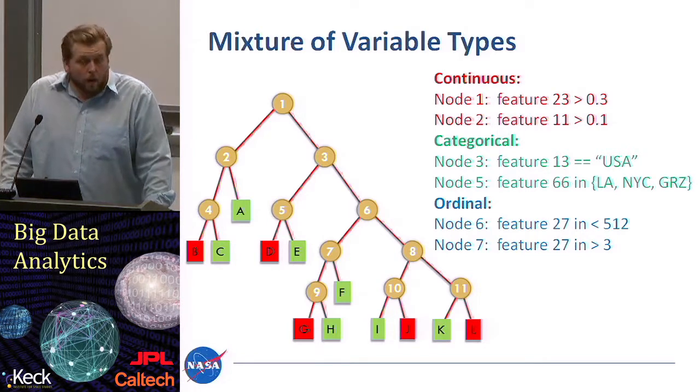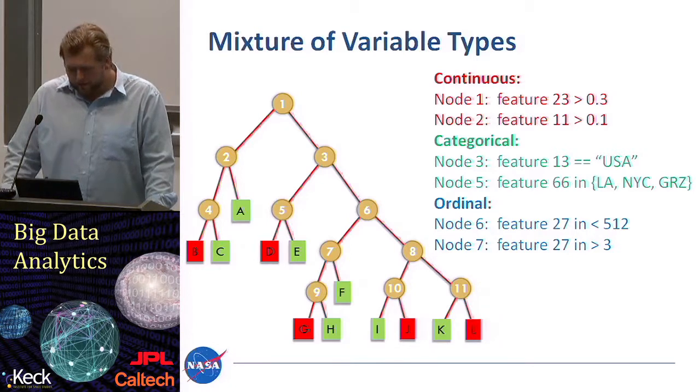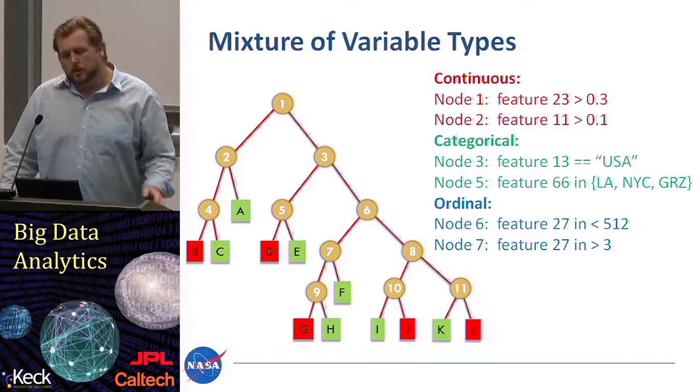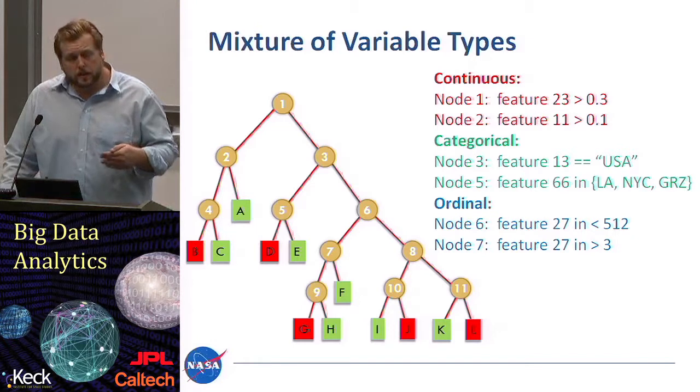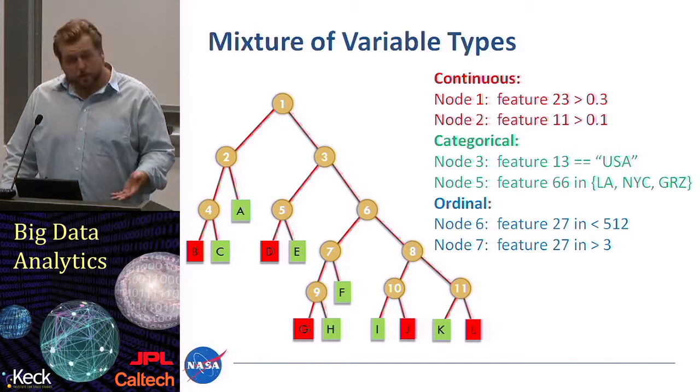And then again, ordinal features behave quite similar to continuous ones, but you only would have ordered categories, for example, integers in that case. So you can mix all these features in a single model without pre-processing.